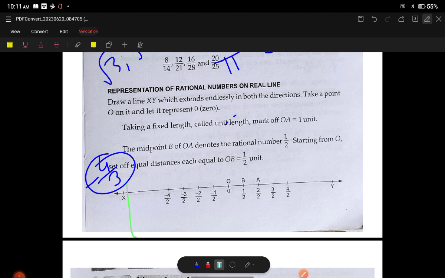The first step is that you have to convert this improper fraction to a mixed fraction. So it will be 1 whole 1 upon 3.